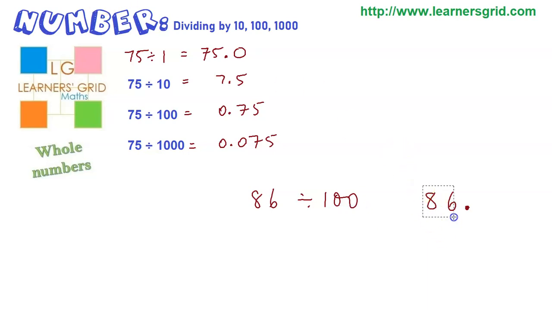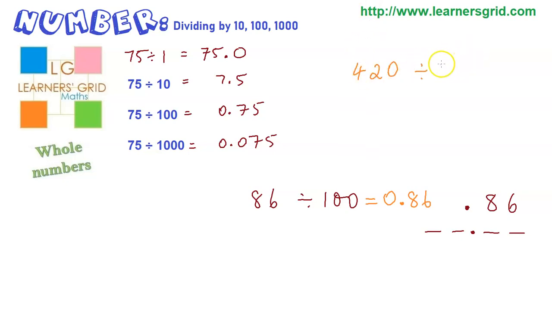So let me just make it clear that there are 2 spaces here. I'm going to take this 86 and I move everything over 2 spaces. 1, 2. And so 86 divided by 100, well, the answer is, according to this, 0.86.